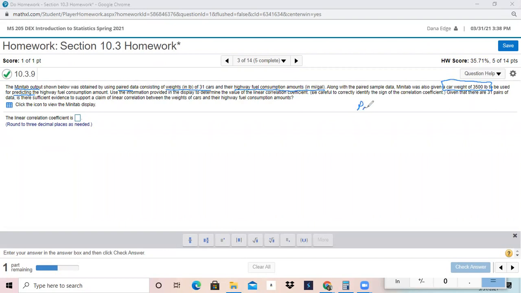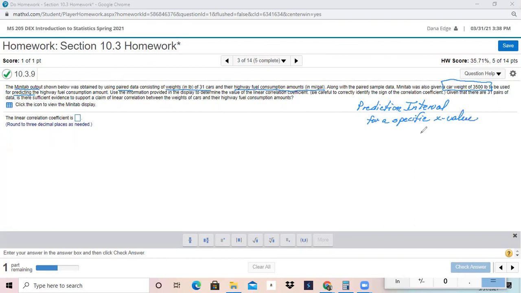Recall that a prediction interval, unlike a confidence interval, has to do with getting a prediction for a specific x value. It's for the y value. It's an interval for the y value for a specific x value.